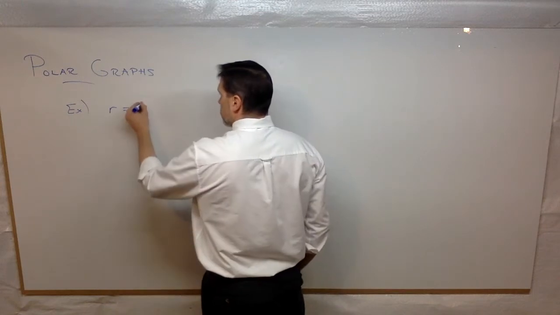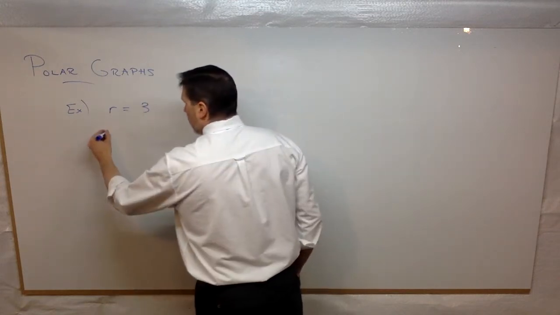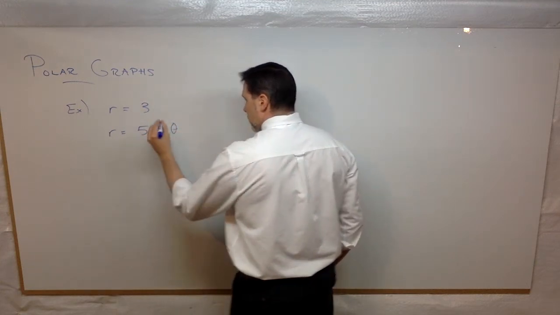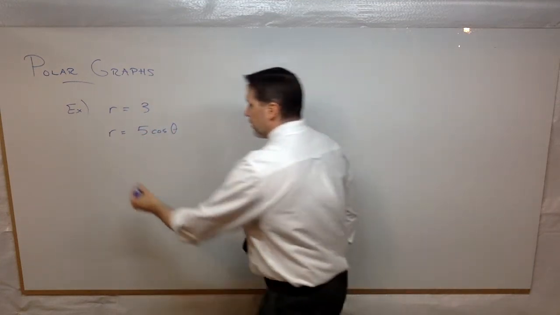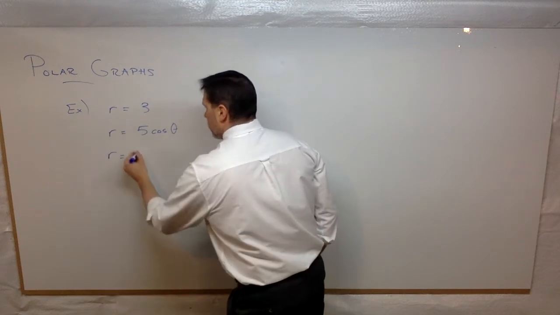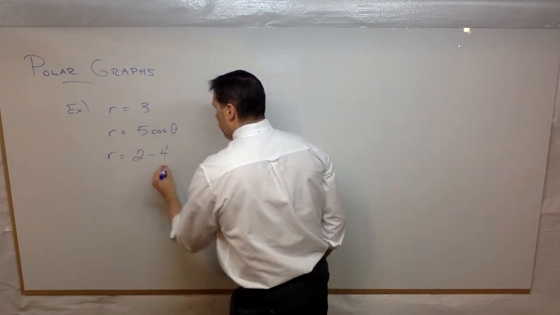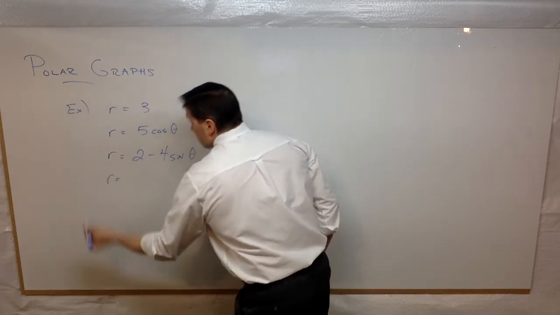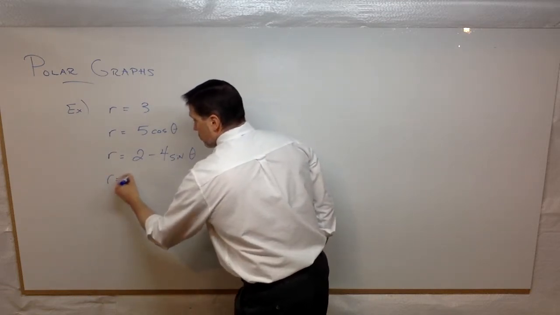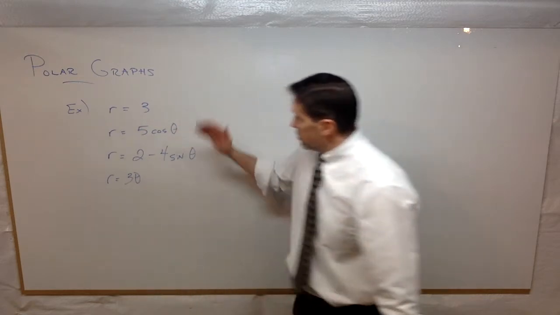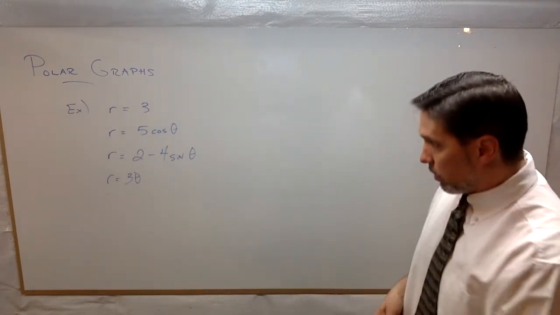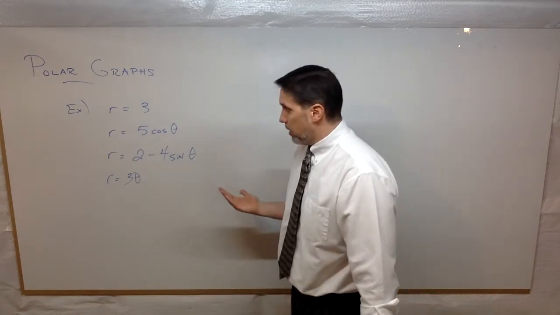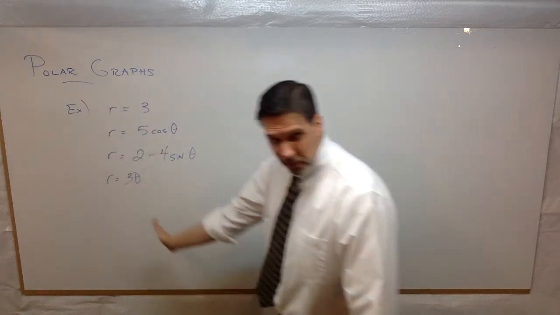So r equals, say, 3, or r equals 5 cosine theta, or r equals 2 minus 4 sine of theta. And we could just say r equals 3 theta, for example. These are all examples of what we would call a polar equation. It's a relationship between r and theta. And again, notice we're solving for the first coordinate.